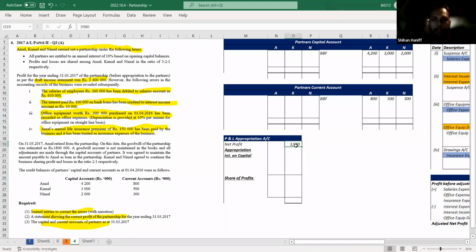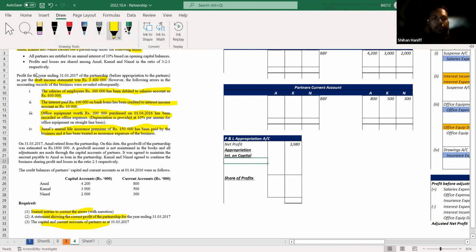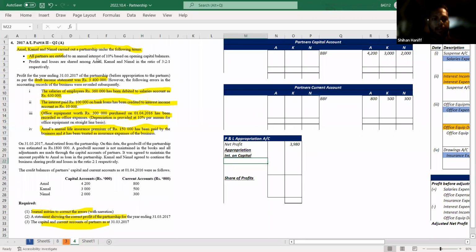So we have the net profit 3980, adjusted net profit. We retired at the end. All partners are entitled to interest of 10% on opening capital. Profit and loss 321. So let's do those two transactions.